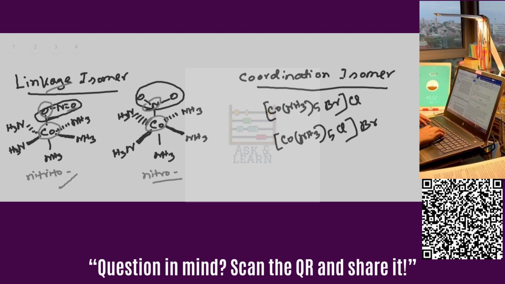For example, here you can see that in this isomer we have bromine as a coordinated ligand, and chlorine as a non-coordinated counter ion. But in this one, we can see that chlorine has replaced bromine, and this kind of replacement or exchange of place gives rise to the coordination isomers.